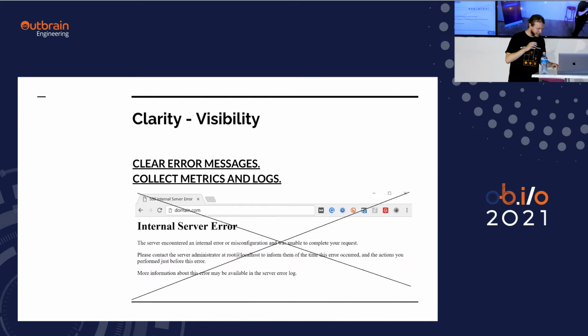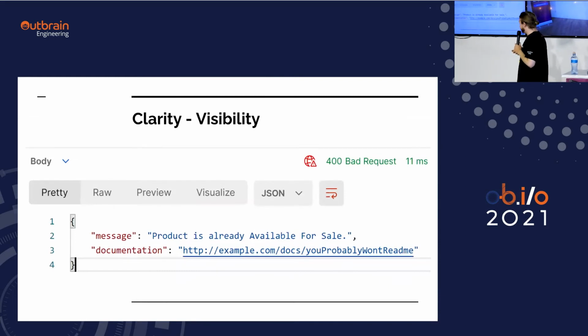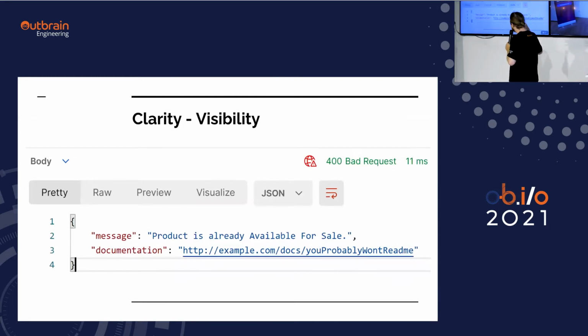And trust me, back then in Outbrain, we had so many of those types of emails, and it didn't help anyone. Here's another example that helps explain a bit better what I'm trying to say. This is some random API that I found on the web that failed the request with 400, but as well said, hey, the product is already available to sell. Just clear, simple.